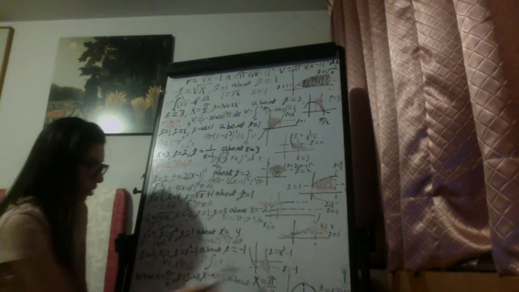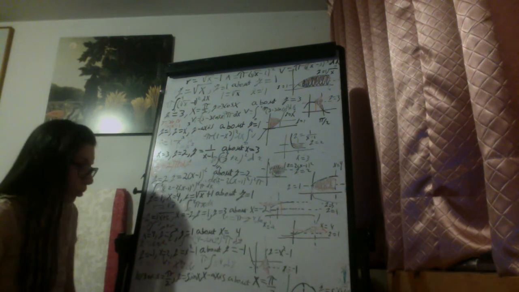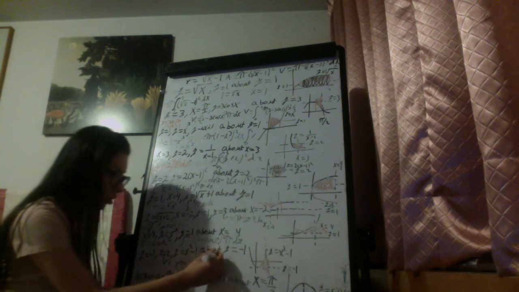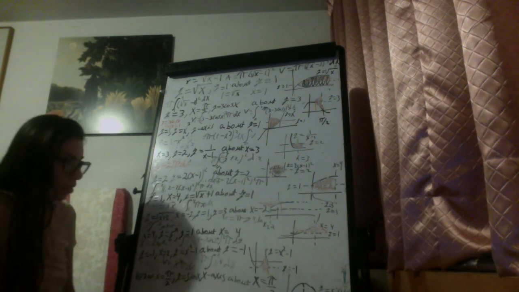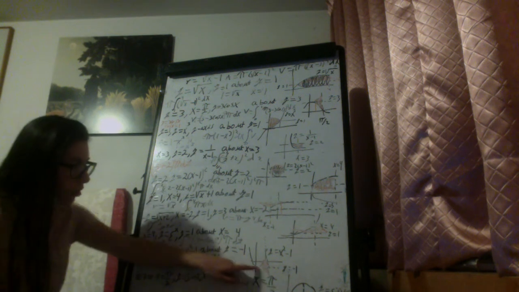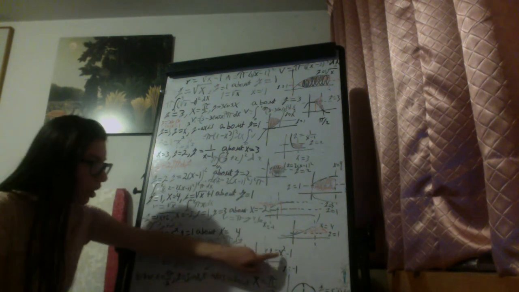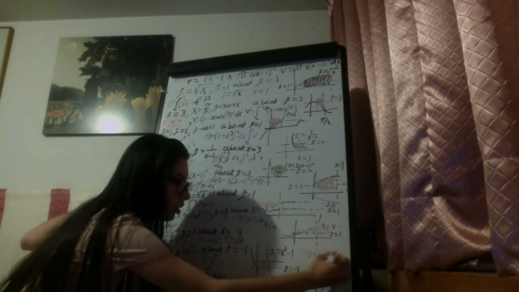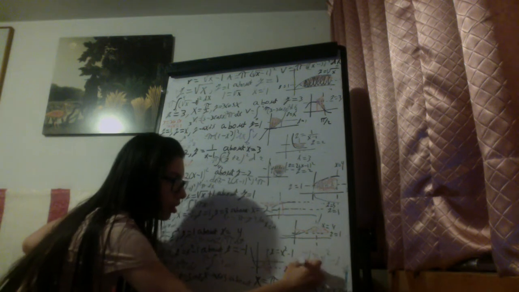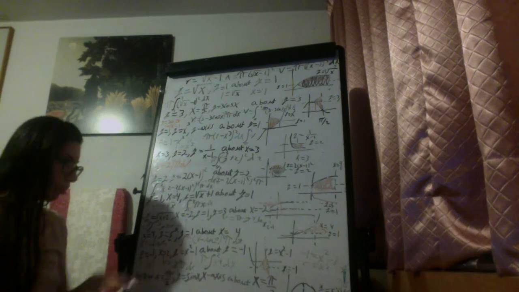The upper bound is x equals 2, and the other is the intersection between the line y equals minus 1 and y equals x squared minus 1. So minus 1 equals x squared minus 1, 0 equals x squared, so it goes from 0 to 2.